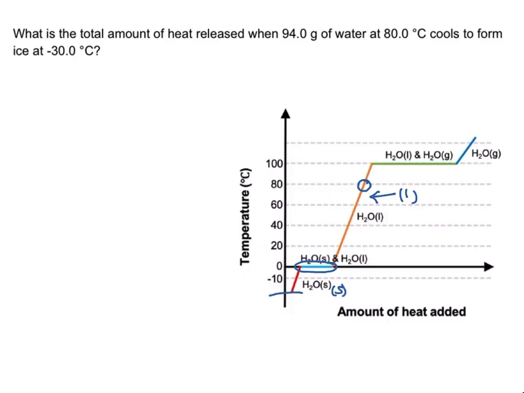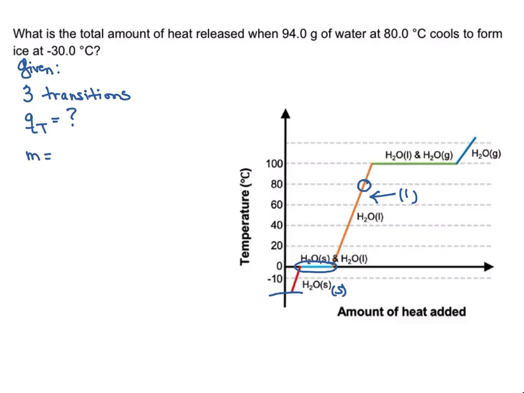So we've got three transitions we're talking about here. So let me start off with my given. I want to understand that we're talking about three transitions. It's asking us to solve for the total amount of heat being released.